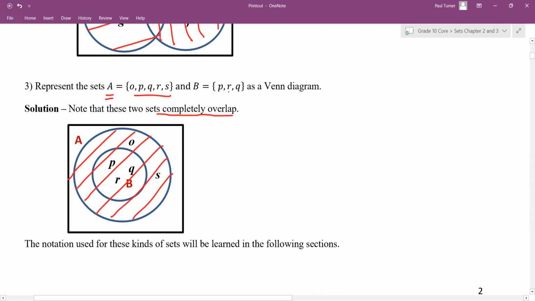Set B is P, R, Q. All of those elements are in here, P, R, Q. Remember, we say that B is a subset of A. Remember subsets? So that's what you have there, a subset. So you're going to see this kind of question as well later on. So those are the 3 kinds of sets you'll see.